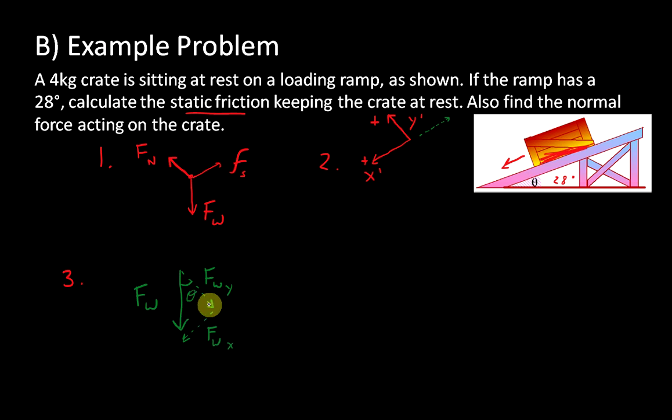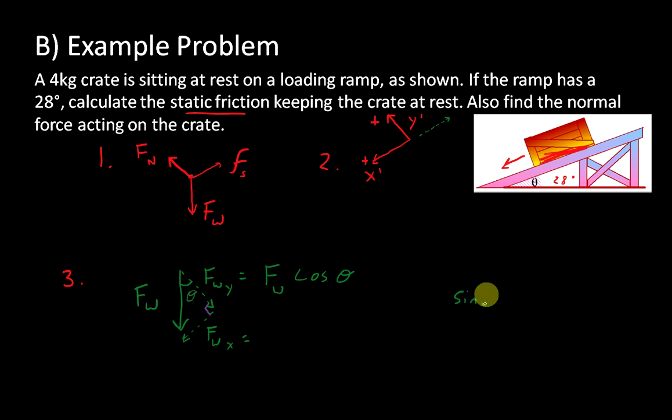And remember, these are still at 90 degrees, so I can still use my sines and cosines. Looking at FW, here's the hypotenuse of the triangle. Here is the side that's adjacent to theta. This is a little different. Now my y-coordinate is adjacent to theta, which means that FWY is equal to that hypotenuse times the cosine of theta. And FWX is now the opposite.